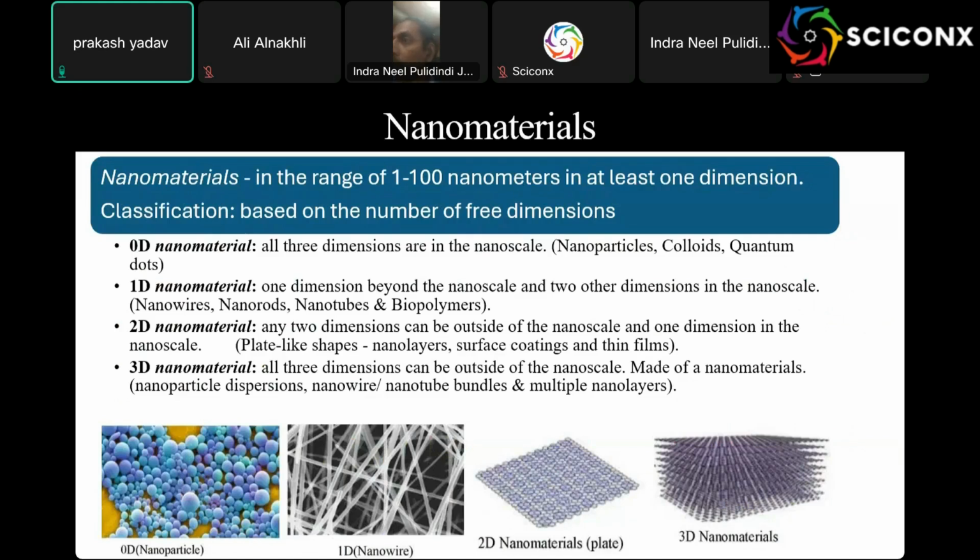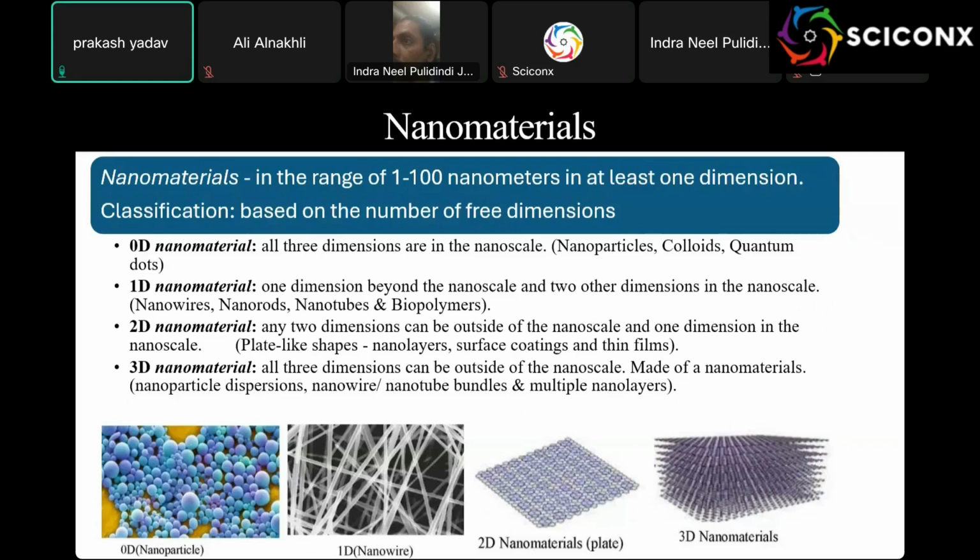That's why we say this is a 1D nanomaterial. After that, for 2D nanomaterials, any two dimensions are beyond the nanoscale, but at least one dimension is confined at the nanoscale, then we say this is a 2D nanomaterial. We clearly understand this: we have a seed, and we expand the seed in the x direction and y direction infinitely.